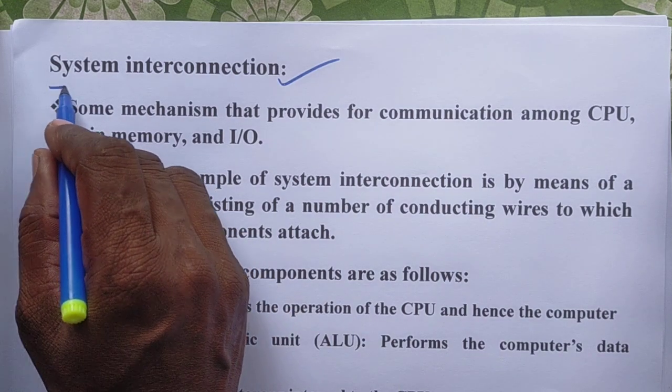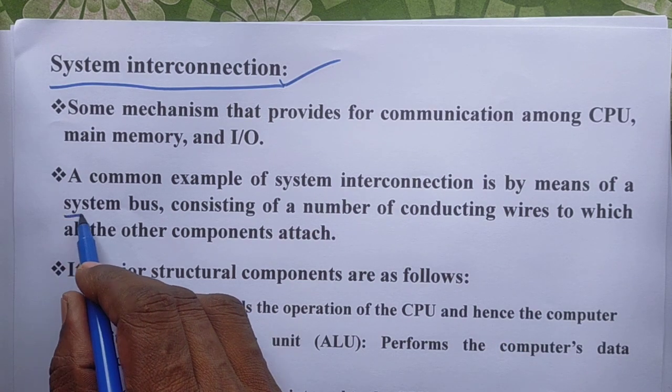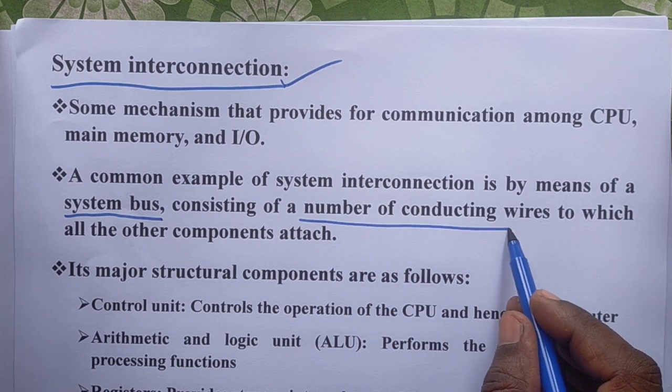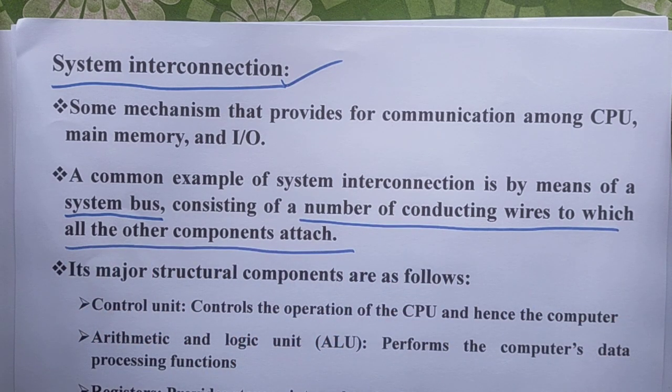As an example, we can take a common bus or system bus, which consists of a number of conducting wires to which all other components are attached. That means it is a common bus or other communication system that connects the different components of a computer system.